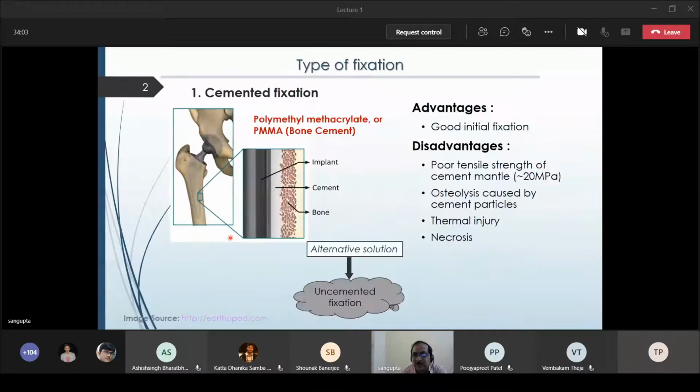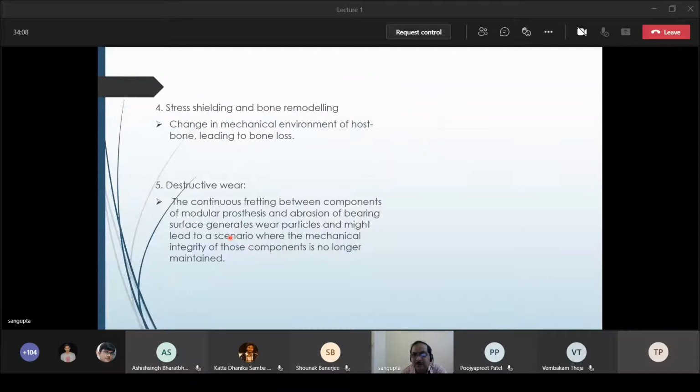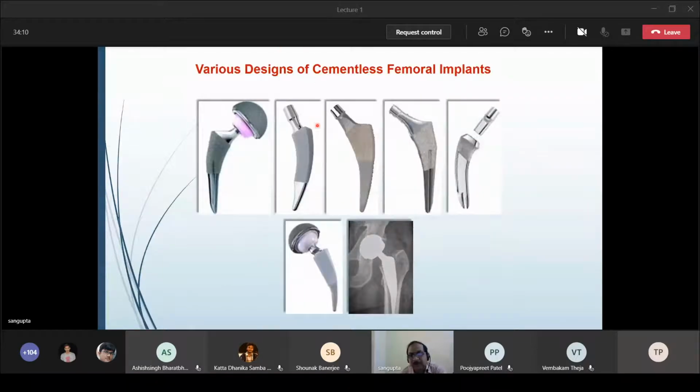Now you might have observed, if I show you some implants, maybe here, you can see that this is the body of the femoral implant. But a head needs to be put inside. The femoral head is missing here. So this is a modular type of design.